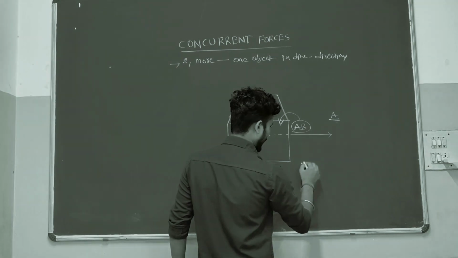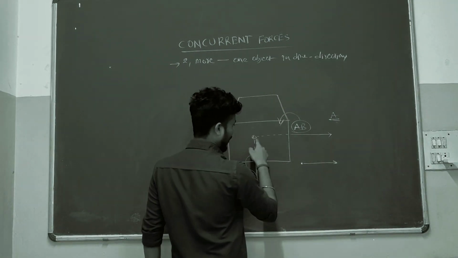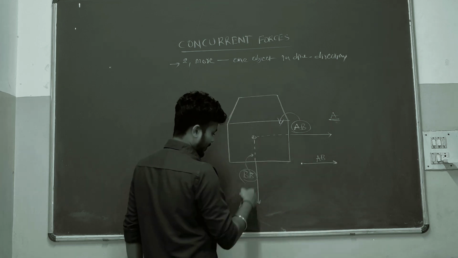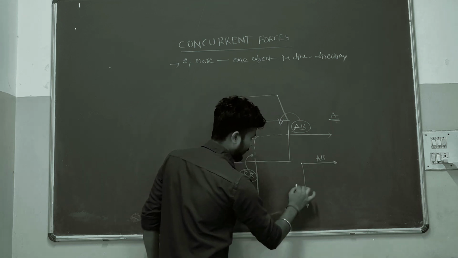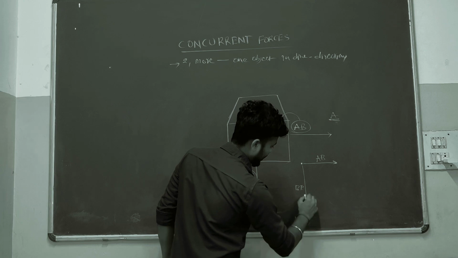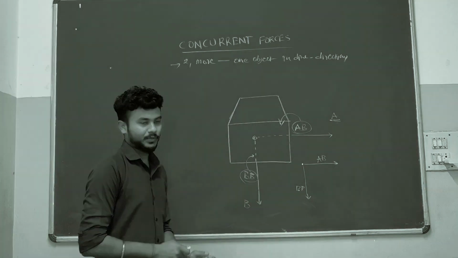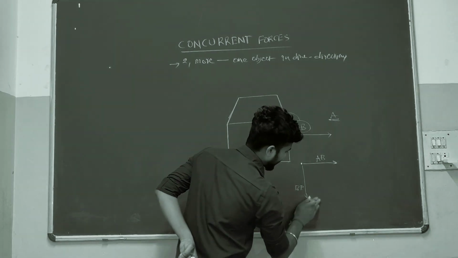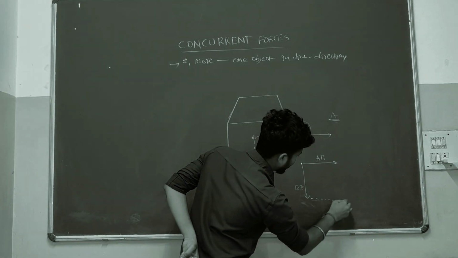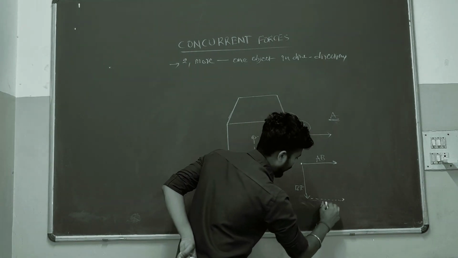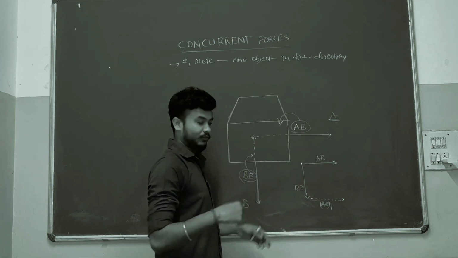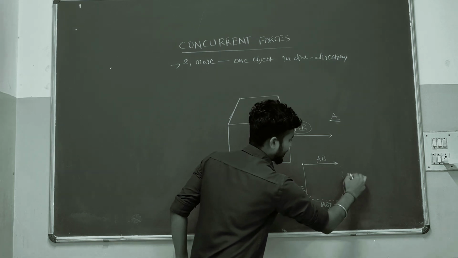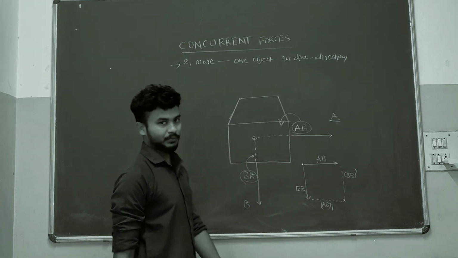Now we are going to see the polygon method. So now this force I am drawing here. This is AB. Now this force is BB, person B on box. Now if we draw imaginary lines parallel to AB, this is AB1, and one more parallel to BB, this is BB1.